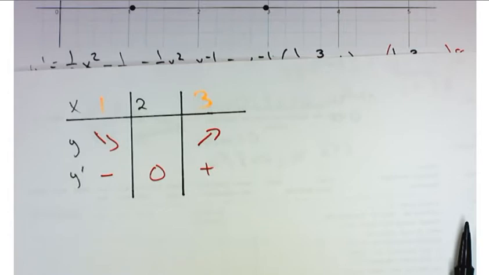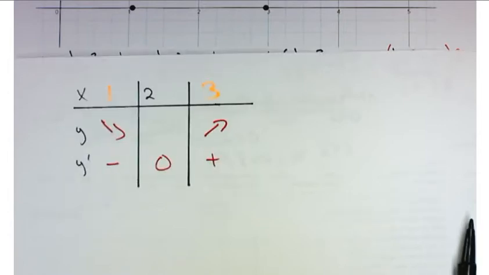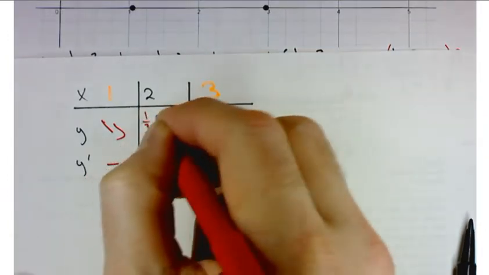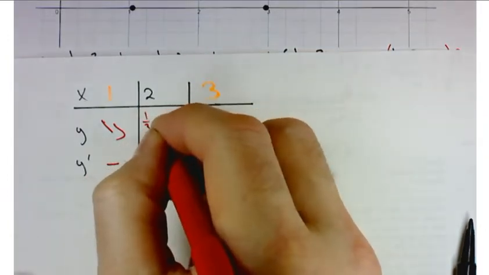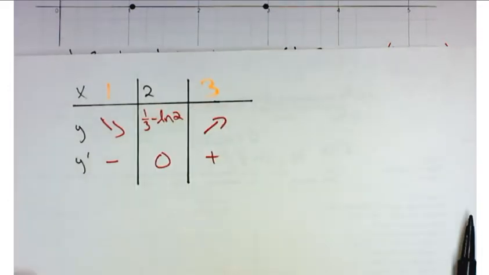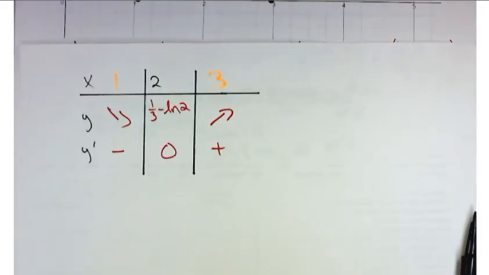And let's actually figure out what that is so that we can actually plot it. So that means plugging in x equals 2 into the function, and that would give me 1/3 minus the log of 2. So about negative 0.3, roughly speaking, maybe negative 0.36, I'm not sure. But that'll enable us to graph this.